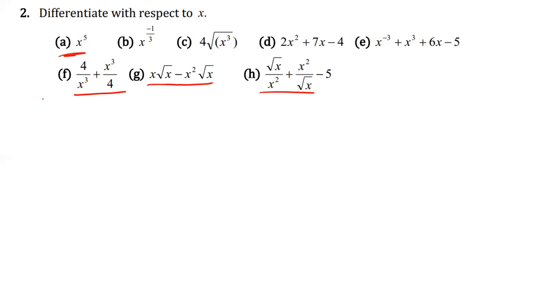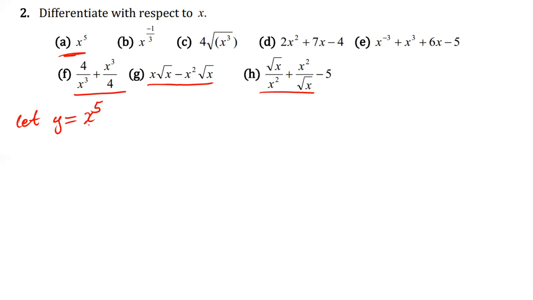This is the first one, which is a. We have x to the power 5, and they are asking us to differentiate this with respect to x. So the first thing we're going to do is say let y be equal to x to the power 5.